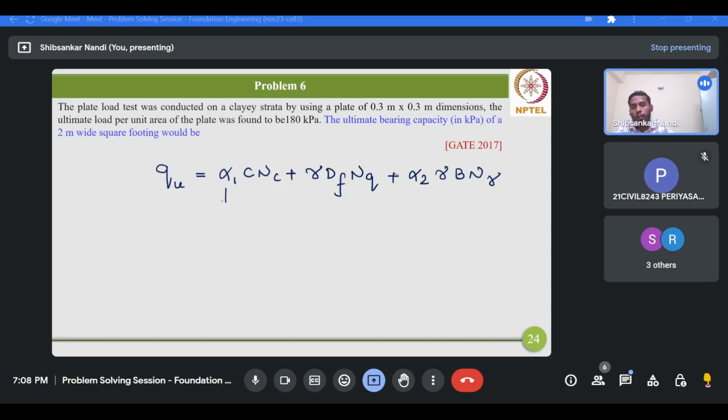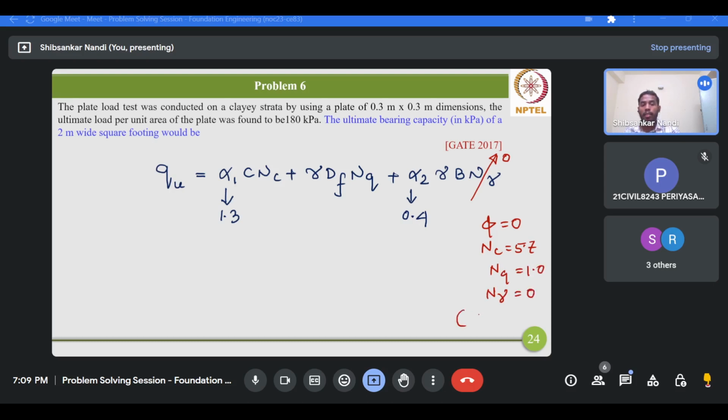We know alpha 1 is 1.3 for a square footing, and alpha 2 is 0.4. Since this is a cohesive soil, phi equals 0, so Nc would be 5.7, Nq would be 1, and N gamma would be 0.